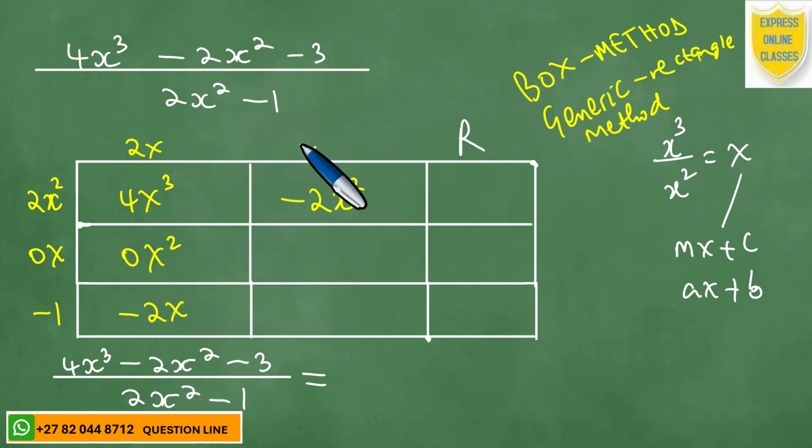So if you divide these, you get a minus 1. So 2x squared times minus 1 is minus 2x squared. 0x times minus 1 is 0x. And then if we continue with our multiplication, minus 1 times minus 1 gives us a 1.